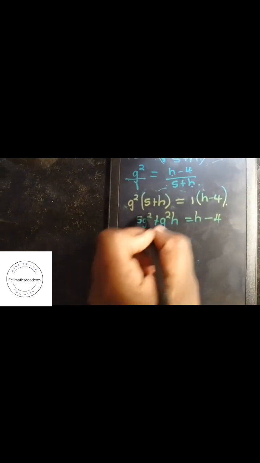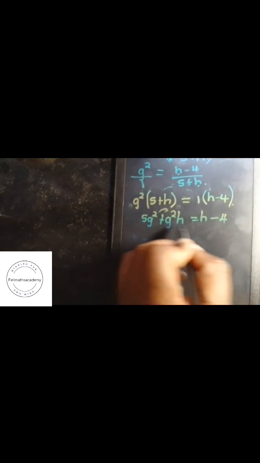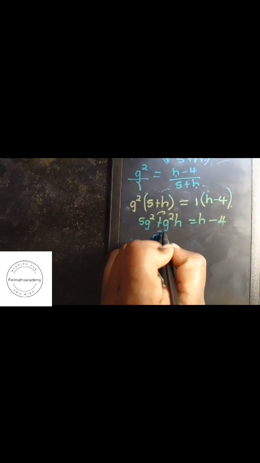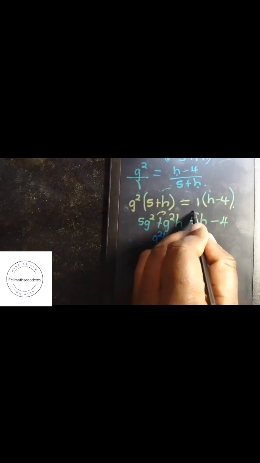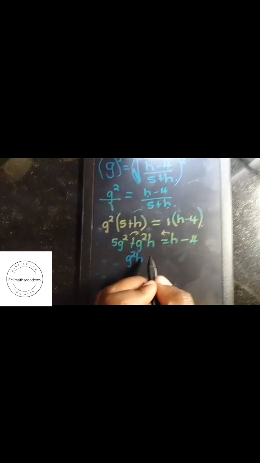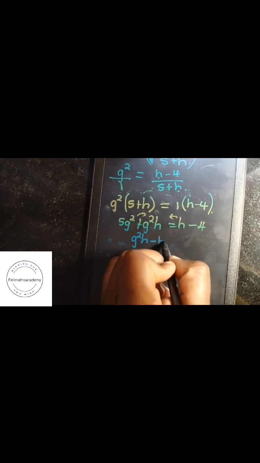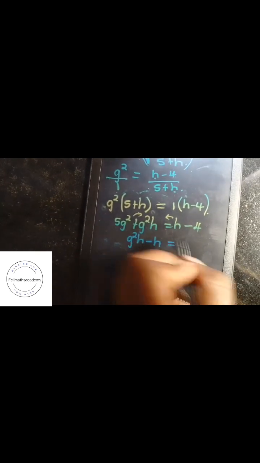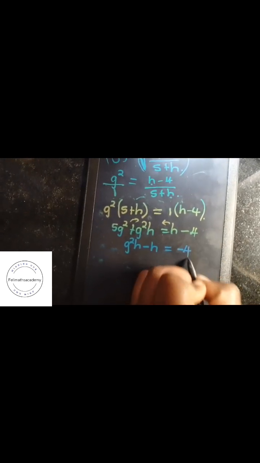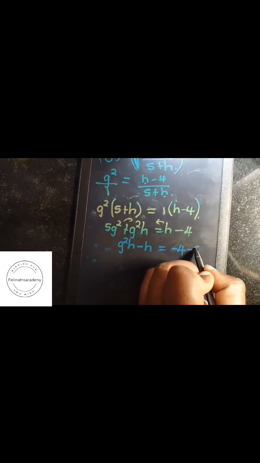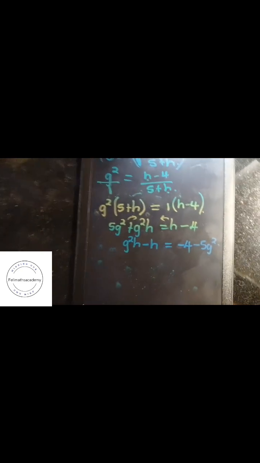So this comes to that side and we remain with g squared h, and this comes there, it becomes minus h is equal to minus 4 minus 5g squared, right?